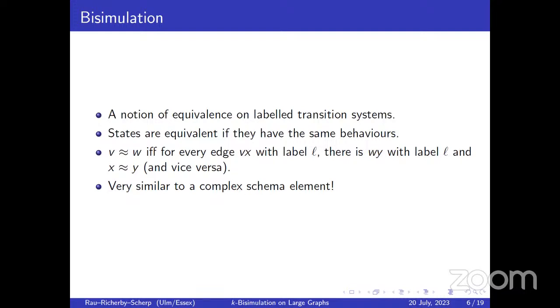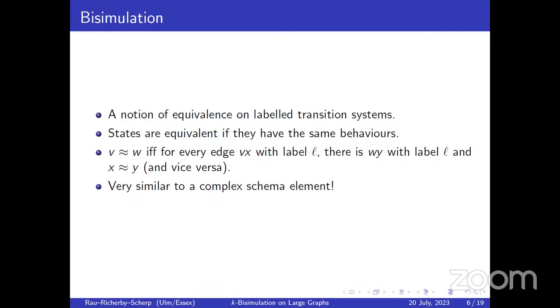And this recipe here is, as I've said, very similar to a complex schema element. It's in fact almost just a special case of a complex schema element, right? We've got the same universal-existential sort of mimicking. I suppose the other thing to notice about that is that I've been a little bit loose here.